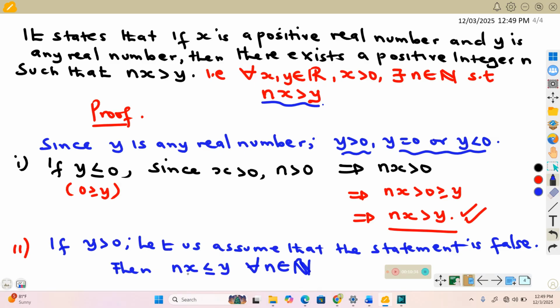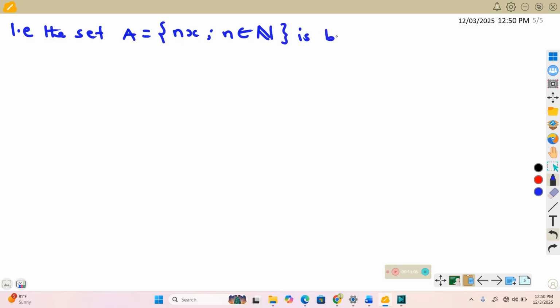When you have nx less or equal to y, then this implies that the set A, consisting of nx for which n is picked from the set of natural numbers, is bounded above.